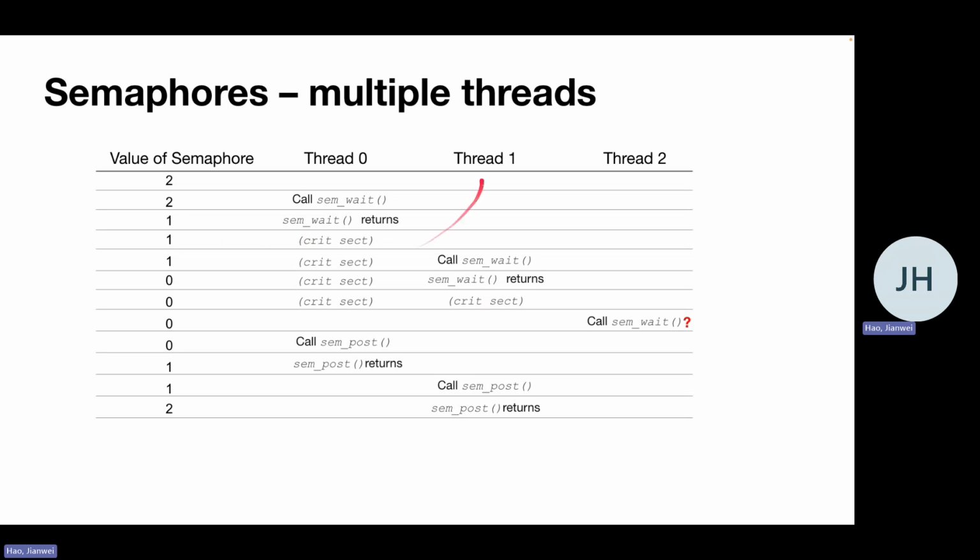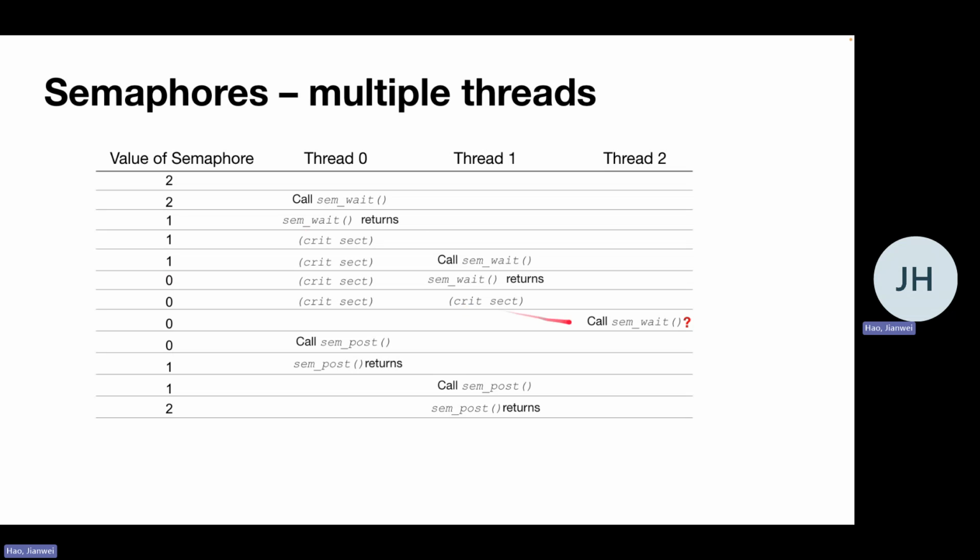Then we have the second thread, thread 1. It wants to use the critical section. It calls the wait, then the value of the semaphore will decrease by 1, it becomes 0 now. And it can access this section now. So at this moment, both threads 0 and 1 are using this section.